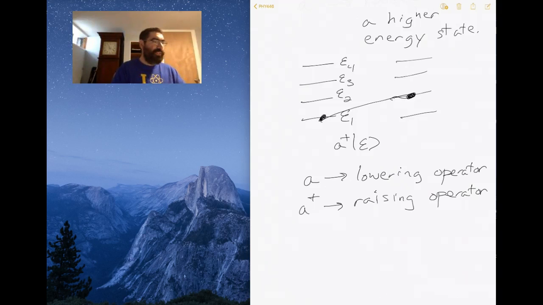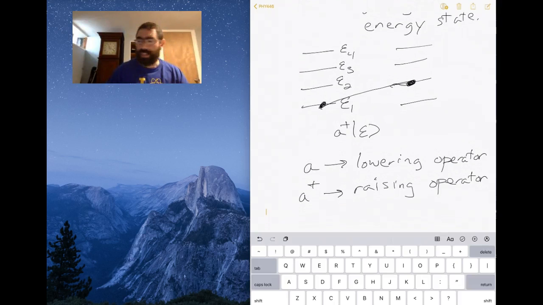So now we can kind of see their actions. These operators, A and A dagger, which are just combinations of position and momentum, in the energy basis, take an initial energy state and move it into a different energy state. So we could do this consecutively.